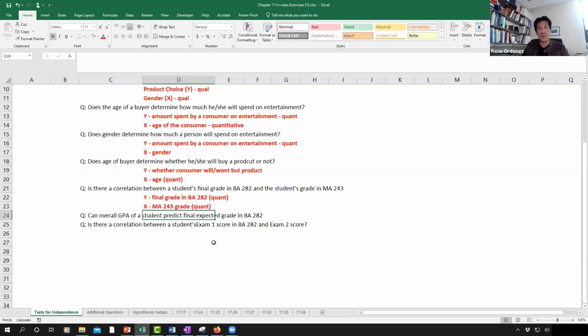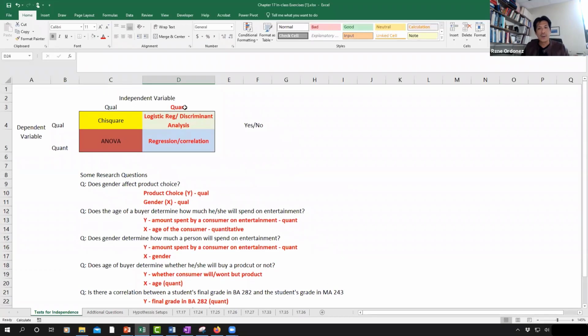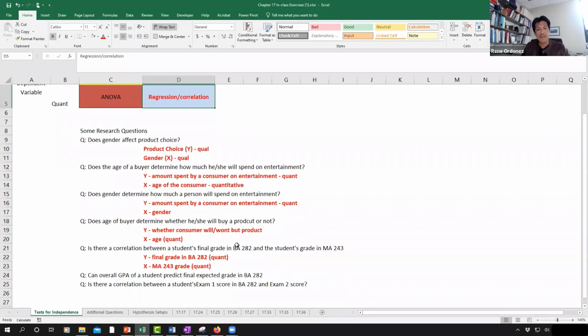Given both y and x are quantitative, the appropriate test for determining correlation between these two variables is known as regression and correlation analysis. Okay?